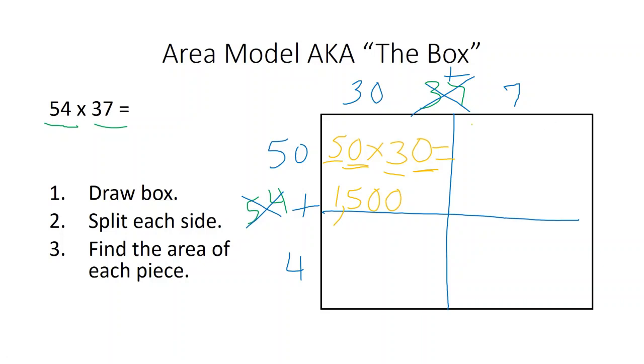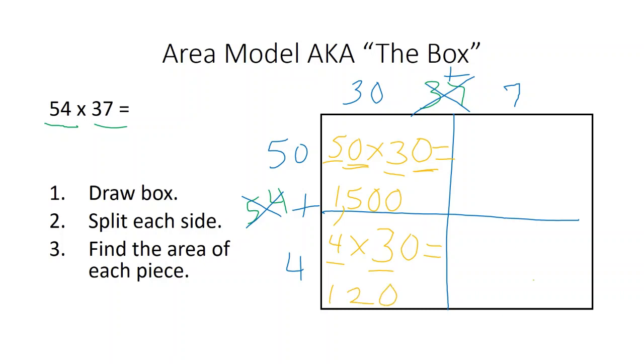I'm going to do that same thing in each one of these 4 boxes. So on this box down here, I'm going to pull my 4 from the side and multiply it by my number on the top, which up here is 30. So I'm going to grab that 30 and bring it down here. And 4 times 30, well, 4 times 3 is 12 with 1 zero, so 120.